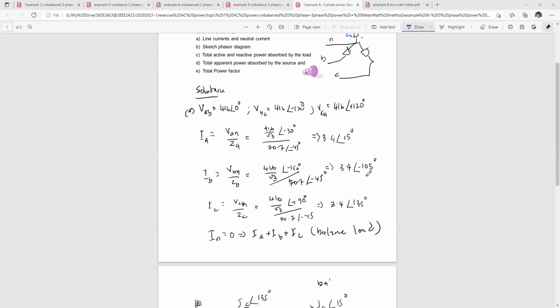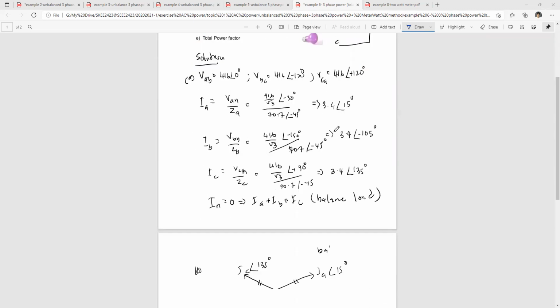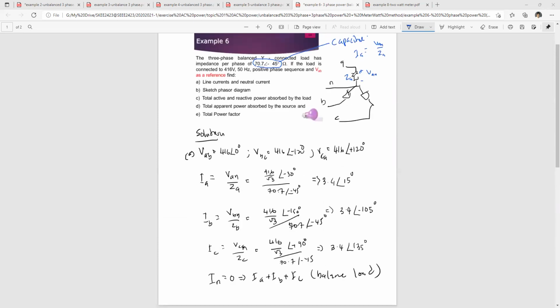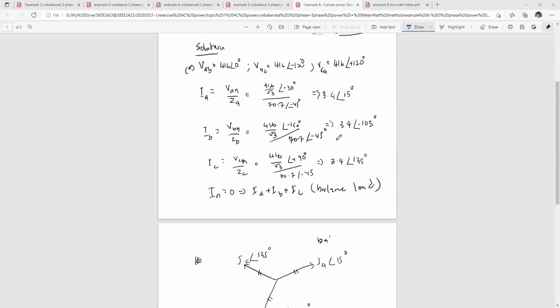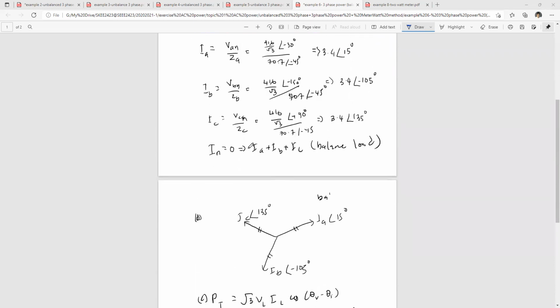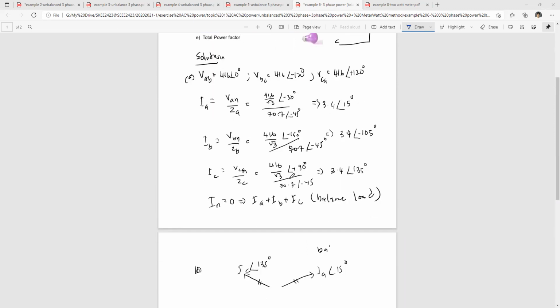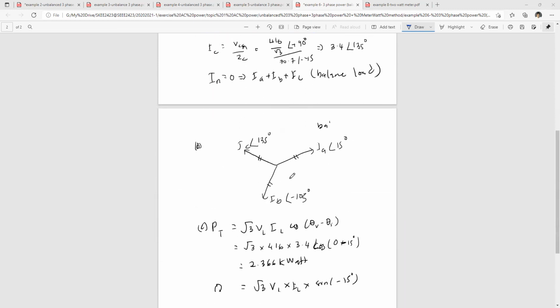Then if you use these equations, IN here should be 0, because for a balanced system, the current flowing in the neutral cable should be 0. If you calculate and IN is not equal to 0, it means there is something wrong in your calculation. So this is the phasor diagram.